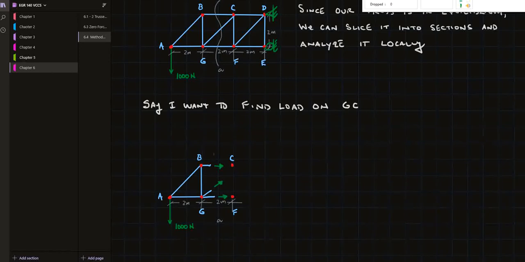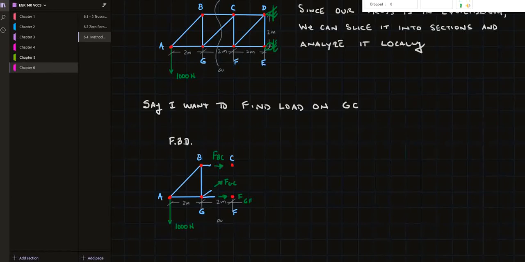So this is force BC, force GC, and that's what I was interested in, was GC, and the force GF, pointing at F. So I can then use my equations of equilibrium and analyze this structure drawn as this free body diagram.